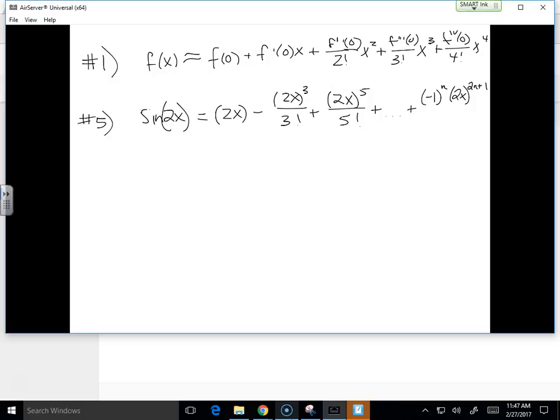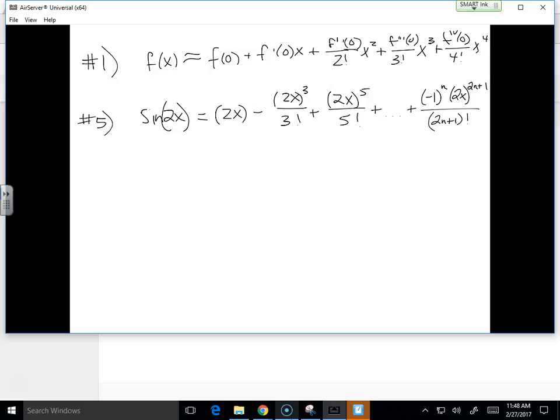So if we're starting at n equals 0, then 2 times 0 plus 1 is 1. 2 times 1 is 2 plus 1 is 3. 2 times 2 is 4 plus 1 is 5. And then we have all of it over the odd number that we just formed, factorial. Does that make sense?